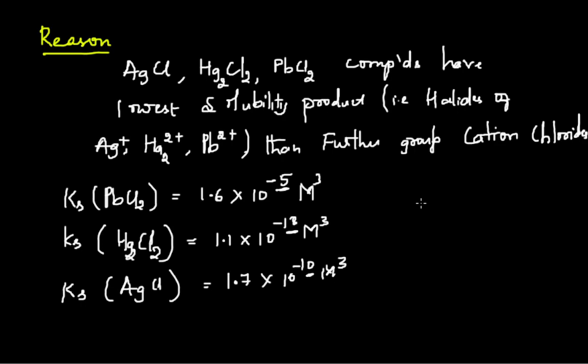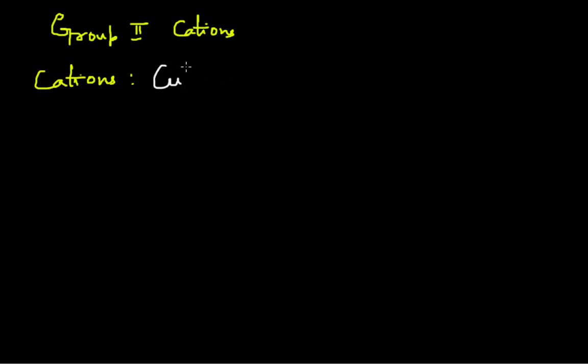Okay, now let us go to the group 2 cations. So which are all the cations? I'm just giving few of them, I'm not writing entire.